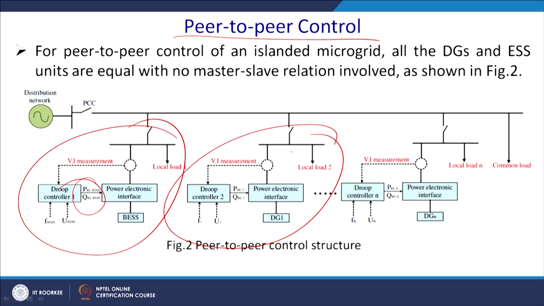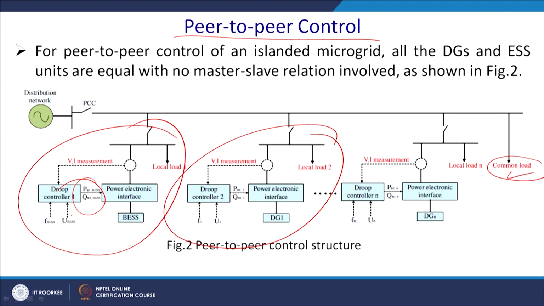Same for here, there is another nanogrid, so it will talk with each other and ultimately will form another small nanogrid, and there can be a common load. So, it has to be connected, and whichever microgrid has a power surplus will feed the common load.